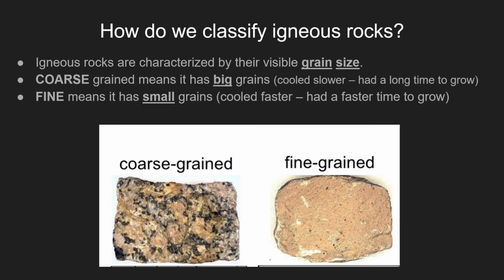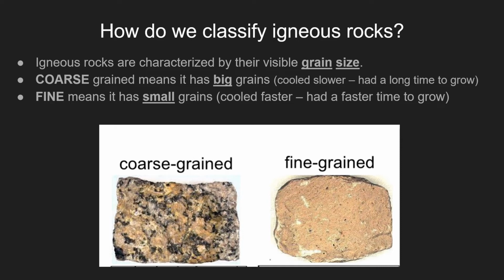Just like we classify other rocks, we classify igneous rocks by their visible grain size. So the grain is really what we're seeing. The one on the left is a coarse grain. The grains are much bigger. It means there's big grains. It means it cooled a lot slower. It had a long time for these grains to grow.